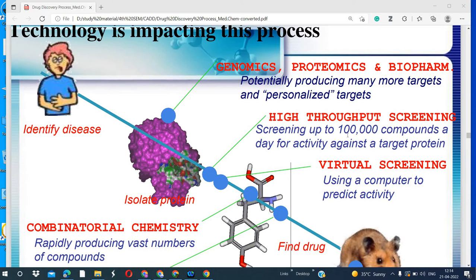If you do the screening within the computer, it costs less. If you do pre-screening with virtual screening, meaning computational methods, and then proceed to any wet lab experiment, that will reduce the cost of the drug discovery process. So you can carry out virtual screening before high throughput screening also.